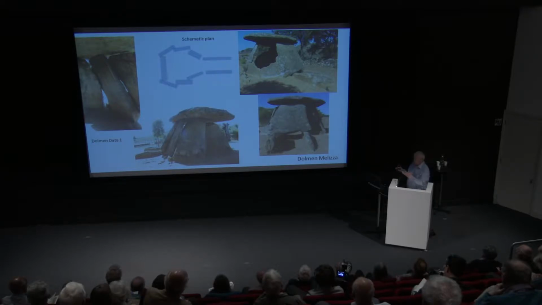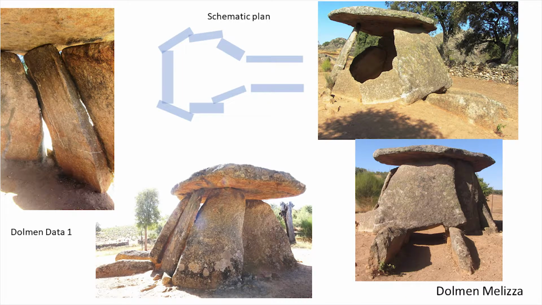At the front end, you have two radiating, again pretty massive slabs well set into the ground, along which, as you can see here, the final slab is pushed along. It slides along those slabs up under the lid, or the capstone, which is already in place. And they often have a little letterbox-like opening cut there that bridges the gap made by these two stones running in here.